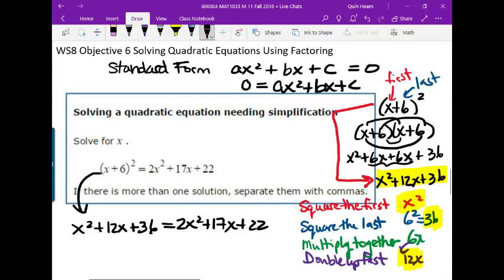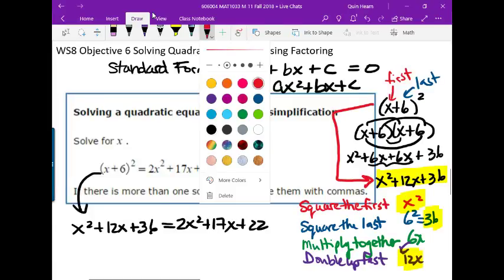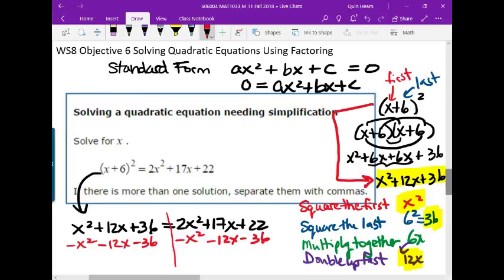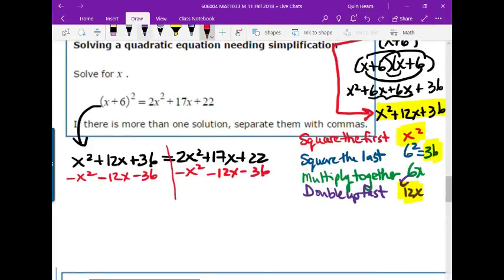So in this case, I would rather, for example, subtract the x squared rather than subtracting 2x squared. But if I subtract the x squared, I'm going to subtract also the 12x and the 36. I want to get everything over to one side. All right, so we're going to have 0 equals, and then we're going to have x squared plus 5x, and then minus 14.